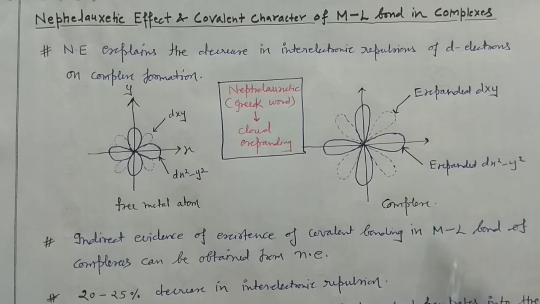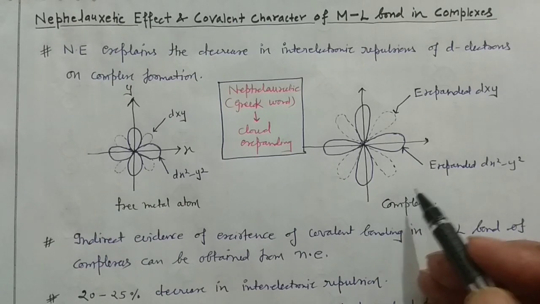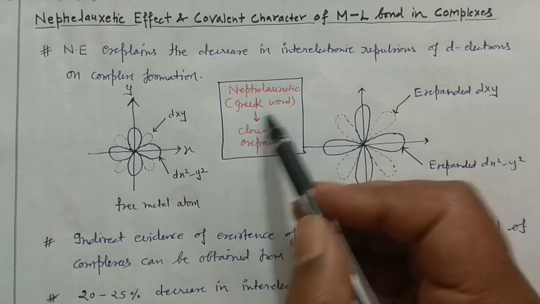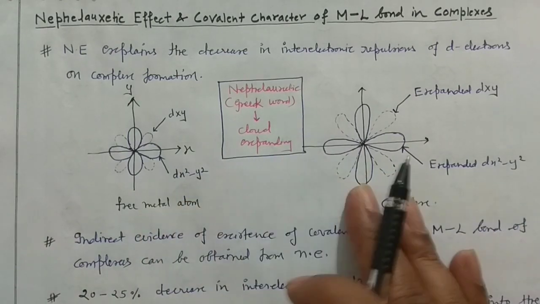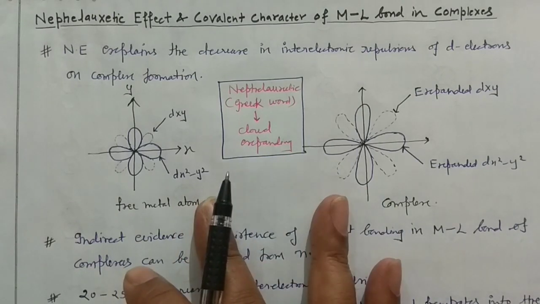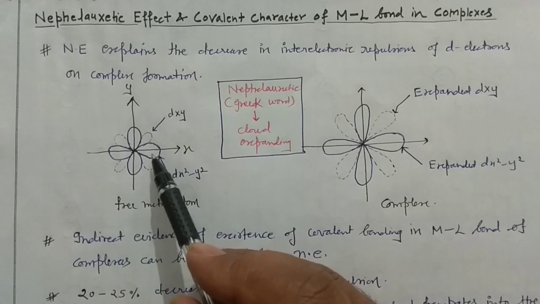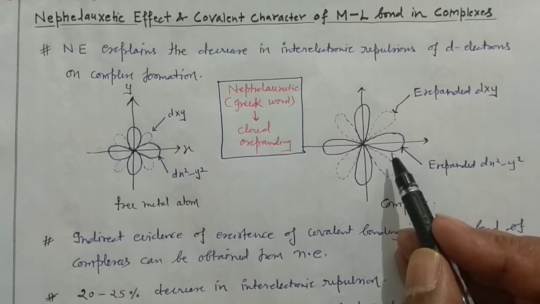NEPHELAUXETIC is a Greek word, and its meaning is cloud expanding. The effect explains the decrease in the interelectronic repulsion of the metal d electrons when the complex formation takes place, right?